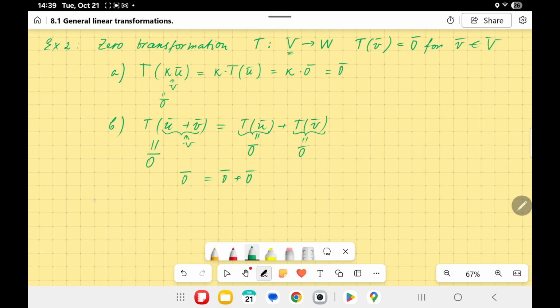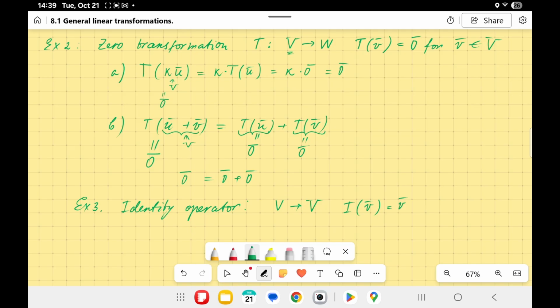One more example, example 3, the identity operator. What is the identity operator? The identity operator transforms V space to V space, and the identity operator of V is exactly equal to V. We are kind of familiar with this operator from matrix operators, right?